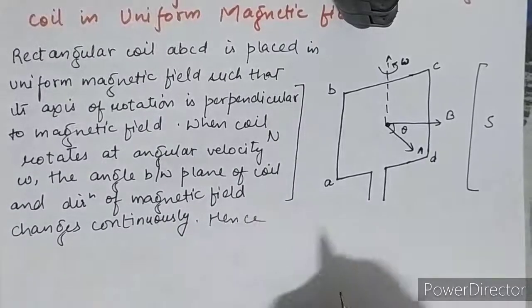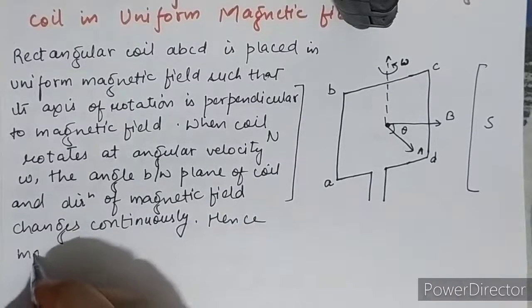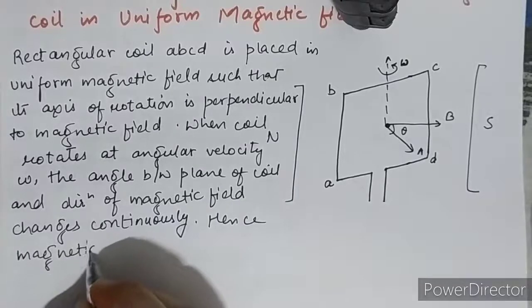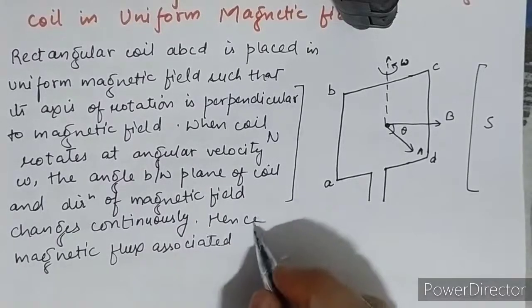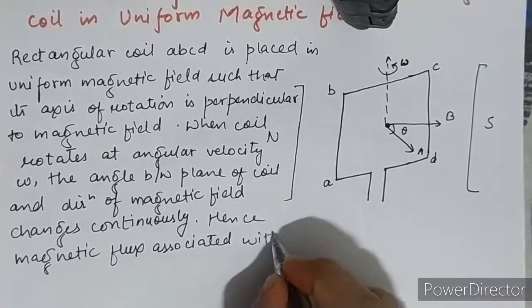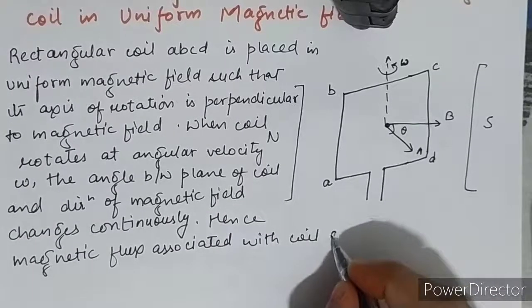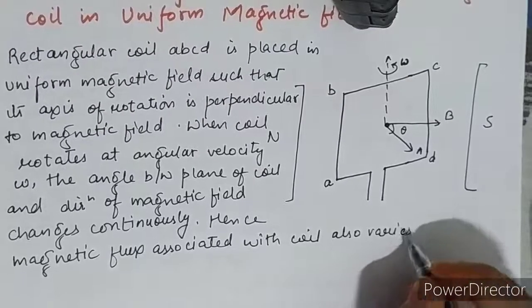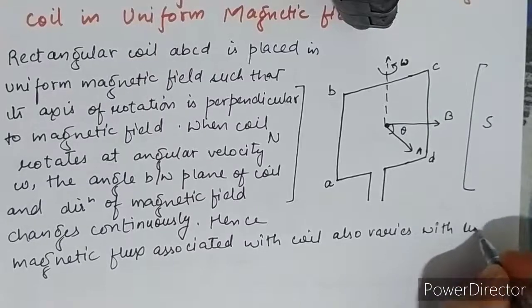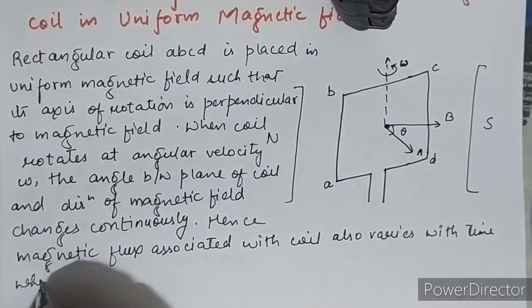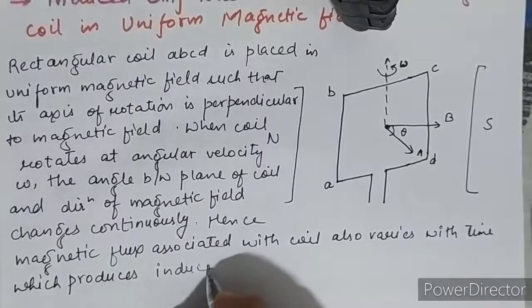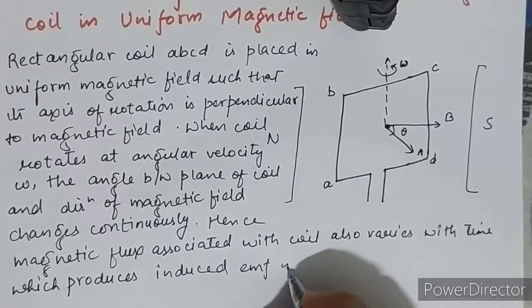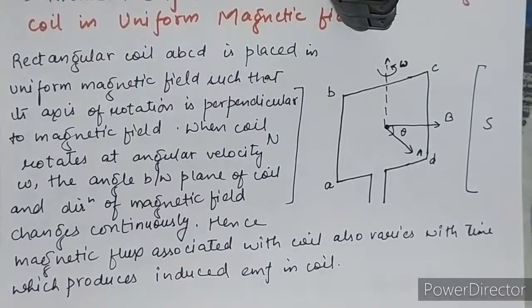So hence the magnetic flux associated with coil also varies with time, which produces induced EMF in coil. Okay, so the theory I have written.